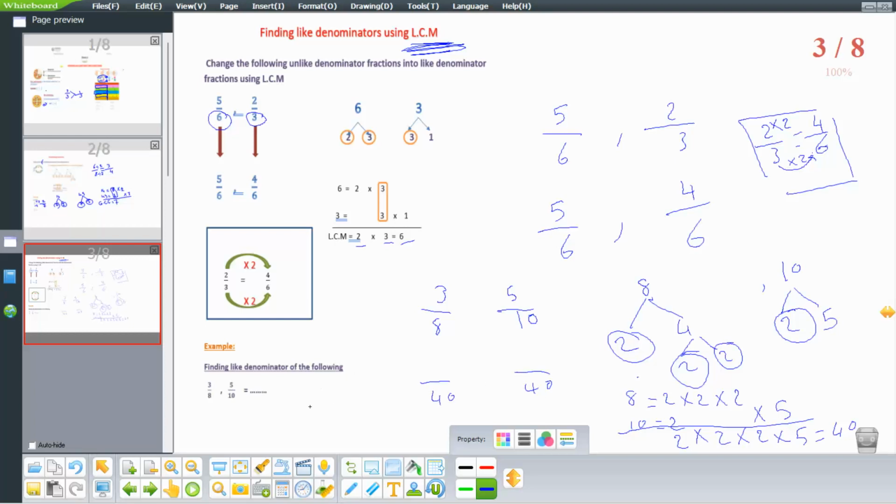So 3 over 8 equals something over 40. 8 times what? Times 5. And 3 times 5 equals 15. Here also, for 10 to become 40, we must multiply by 4 and multiply the numerator by 4 also. 5 times 4 equals 20. And here will be 15. So the common denominator here is 40.